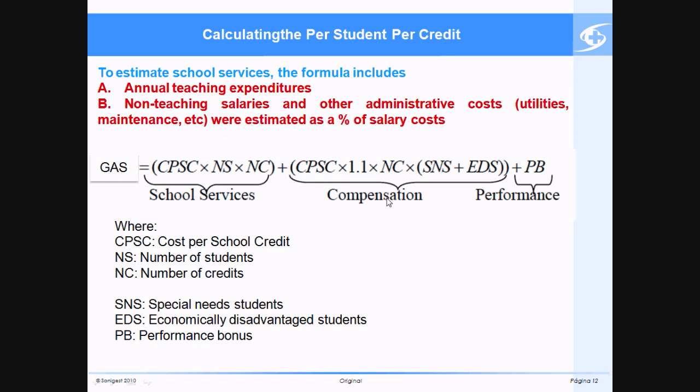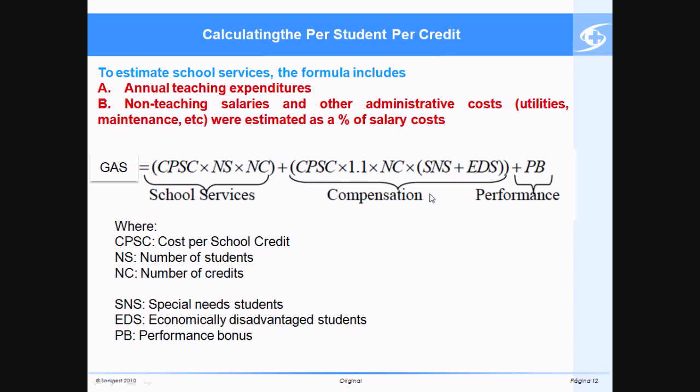Calculating the compensation component is done by multiplying the cost per student per credit times a factor of 1.1 times the number of credits those students are taking at the school times the number of students with special academic needs and students that are economically disadvantaged.